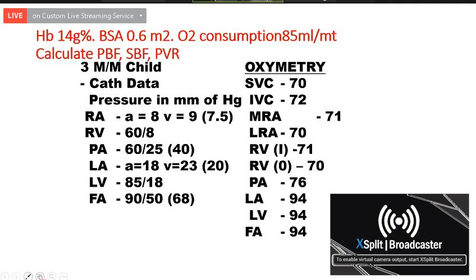If you want to include that, you can multiply with 1.36. Then the oxygen saturation in arterial blood minus venous blood. Here the left atrium is 94 and the pulmonary artery is 76. So you can calculate. Okay, fine, great.